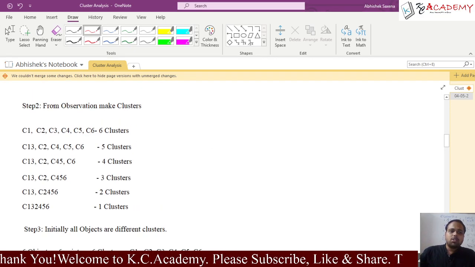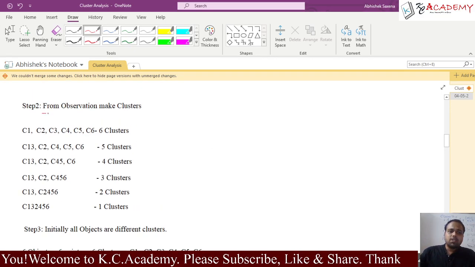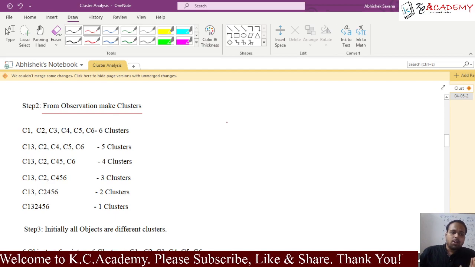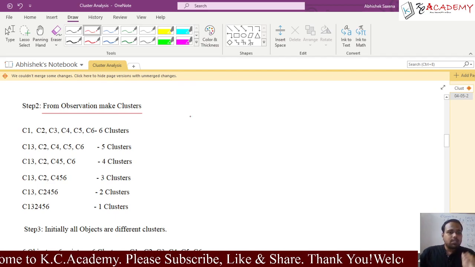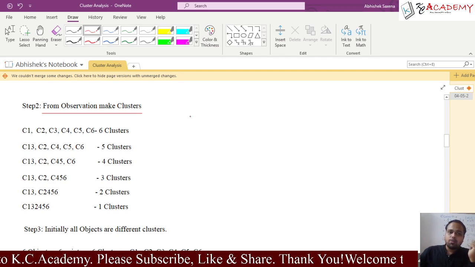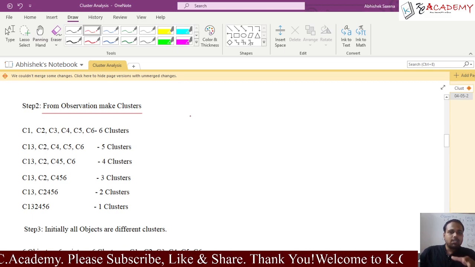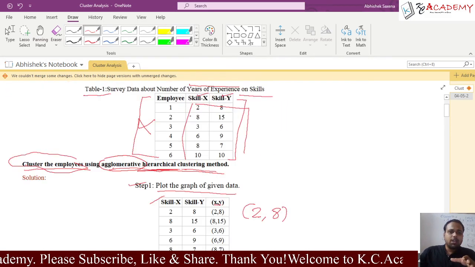Step 2 is to form clusters from observation. Clusters means groups.